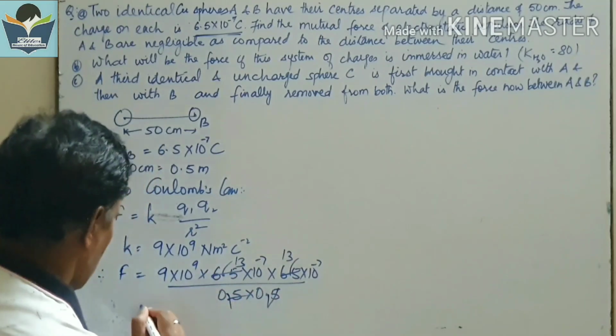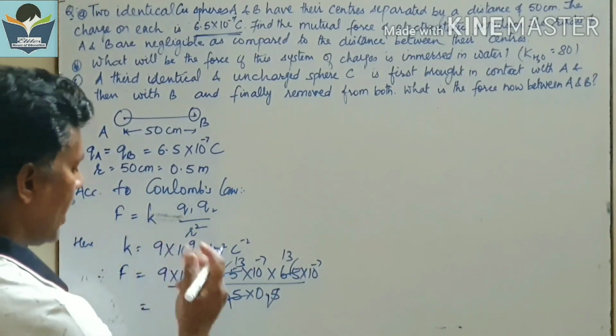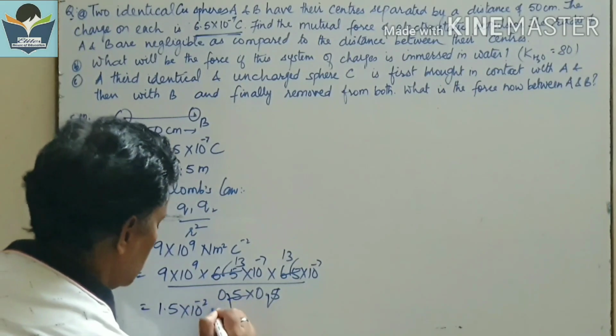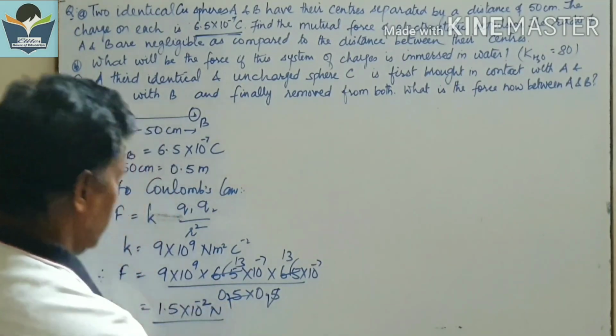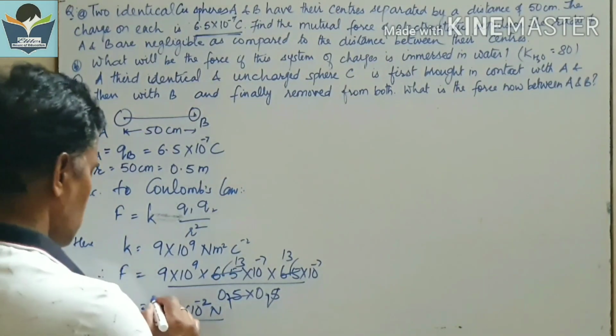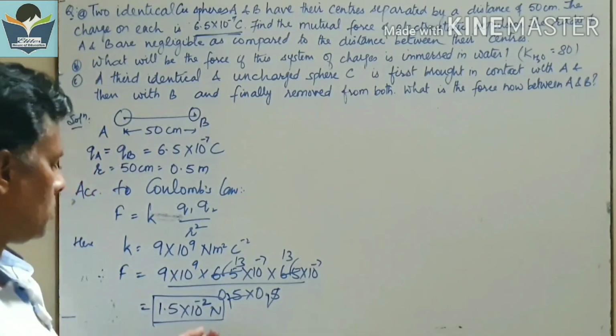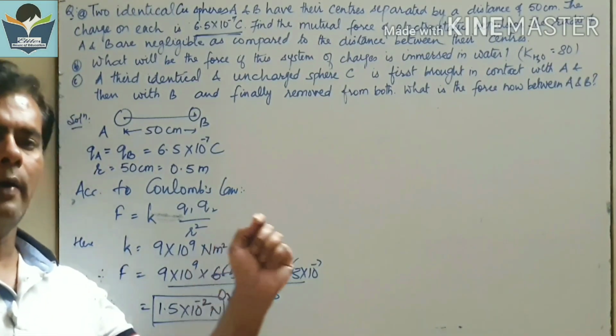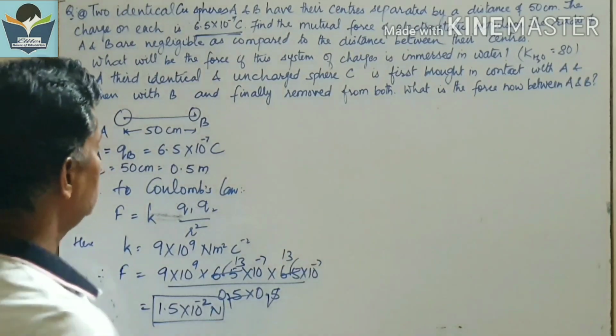Similarly here, we solve it and find the answer to be 1.5 into 10 to the power minus 2 Newton. This is the force between the two bodies, which is repulsive in nature.